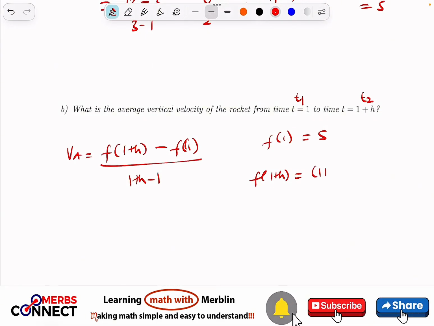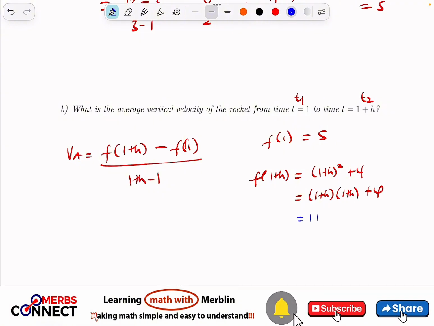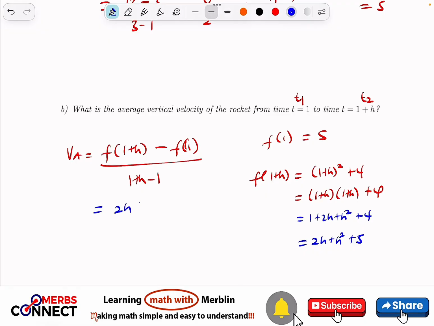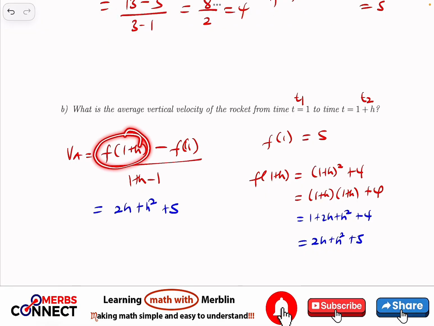So this is 1 plus h squared plus 4. And then when you expand this one, you are going to have 1 plus 2h plus h squared plus 4. And this is the same as 2h plus h squared plus 5, rather.